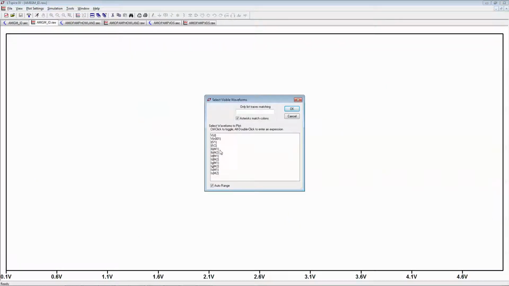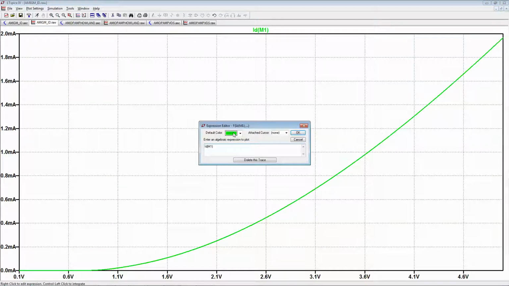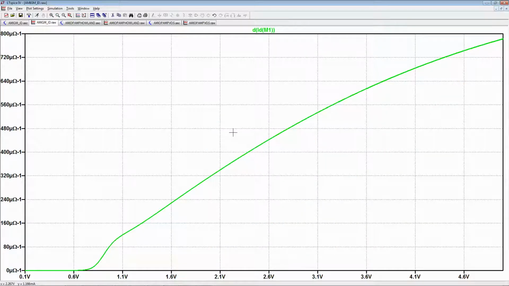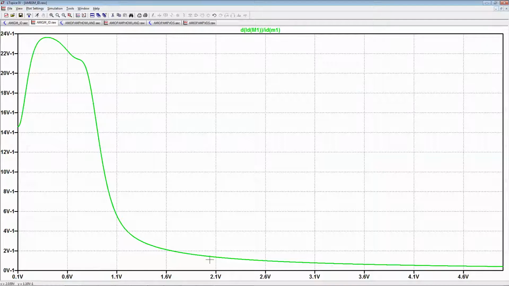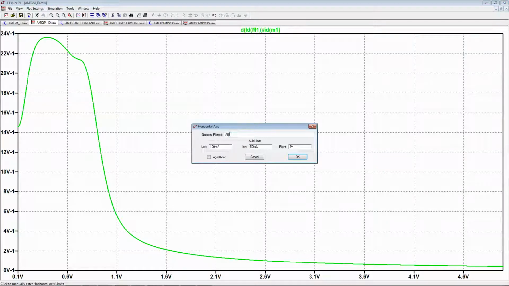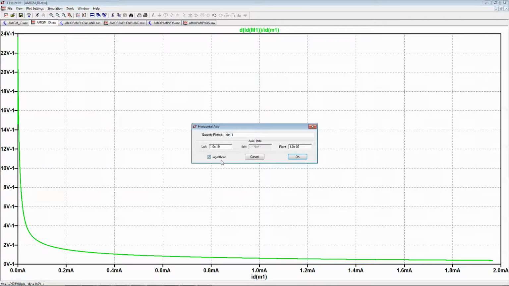This is all in the 122 manual. Okay, so there's that. We take the derivative of that, and there's our gm. Now our gm over ID is that. This should be a current, which is ID M1, and it's a lot better to look at it in a logarithmic scale.